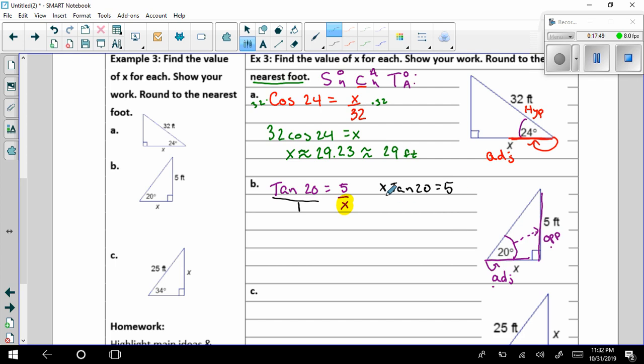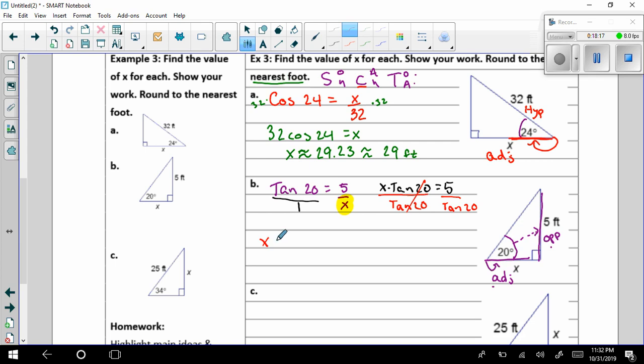Right? Well, we still need that x by itself. Tangent 20 is glued together. They will never separate. You always have to have an angle measure with your trig function. So to get rid of multiply, we divide. So we're going to divide both sides by the tangent of 20 so that these cancel out.